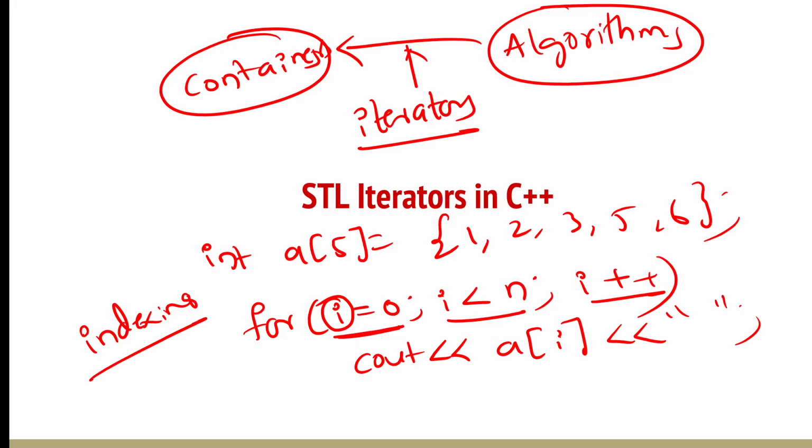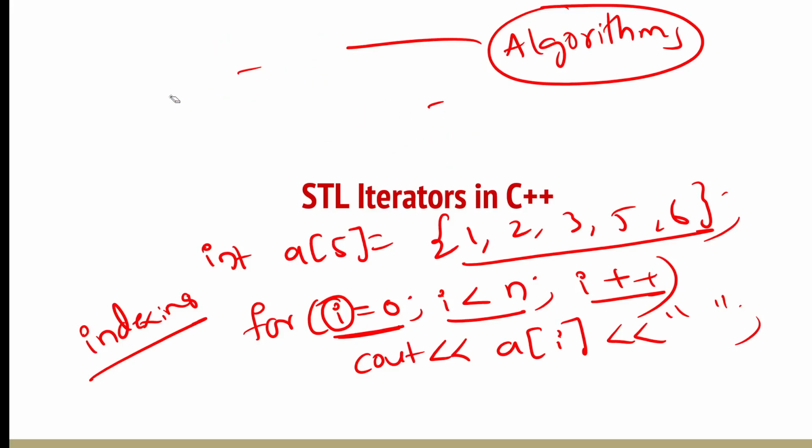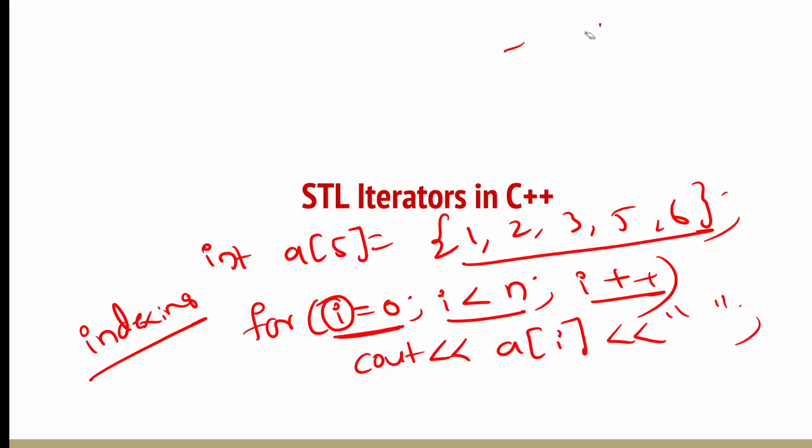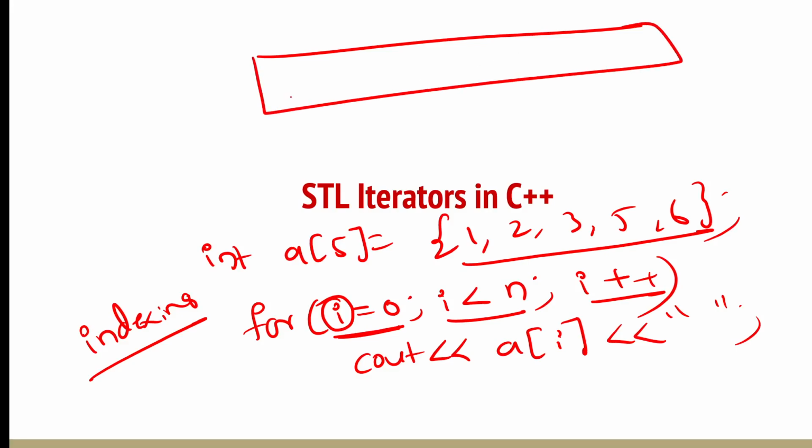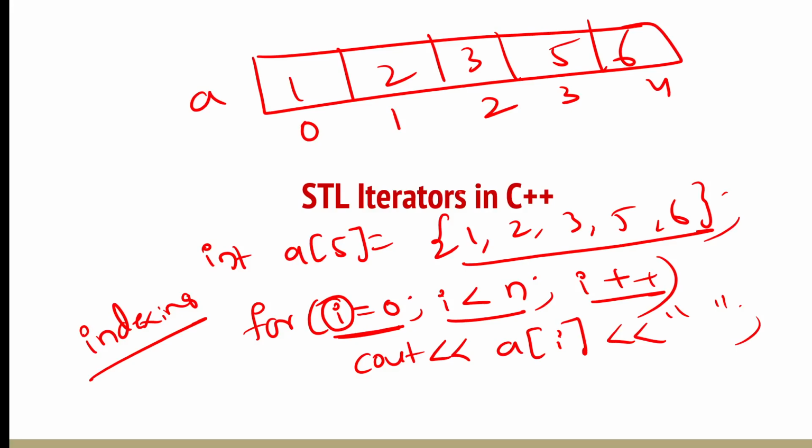The simplest example to understand an iterator is this. i is an iterator. Using this i, I am able to access the elements of the array, right. So, is this i modifying the element? No. To understand this in the general context of indexing, when I have an array like this with elements 1, 2, 3, 5 and 6, we say we have some indexing 0, 1, 2, 3, 4, right.